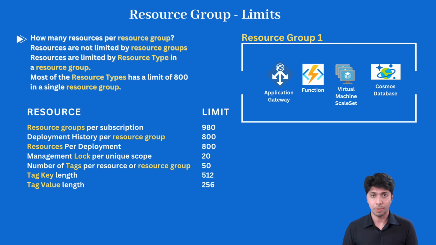We just saw we can create tags, which are metadata for a resource group. So we can create 50 such tags and attach them to one single resource or resource group. As a tag consists of a key and a value, the key has a maximum length of 512 characters and the value can be a maximum of 256 characters.